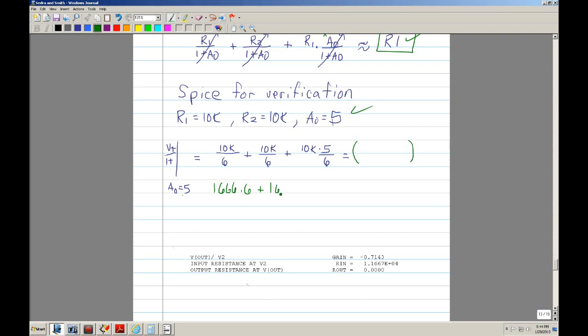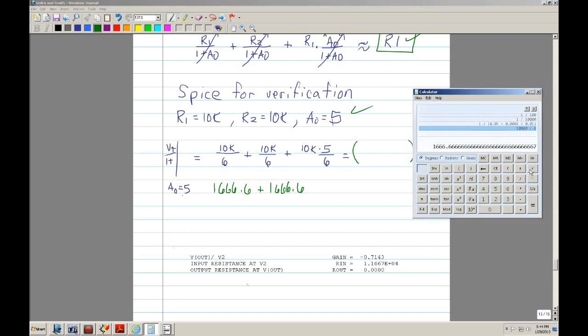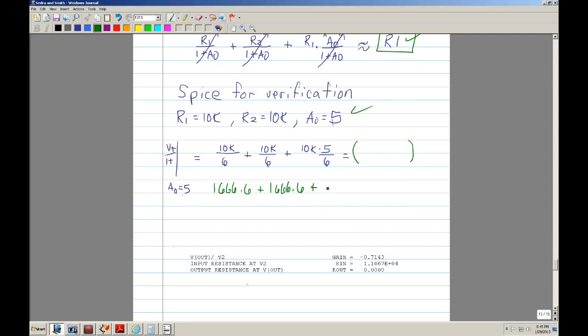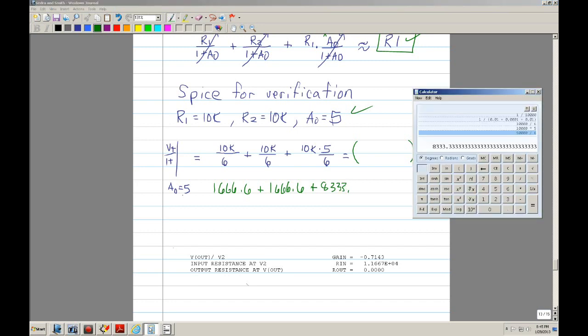Plus 1666.6. And the last should be 10K times 5 divided by 6, which is 8333.3, I believe.